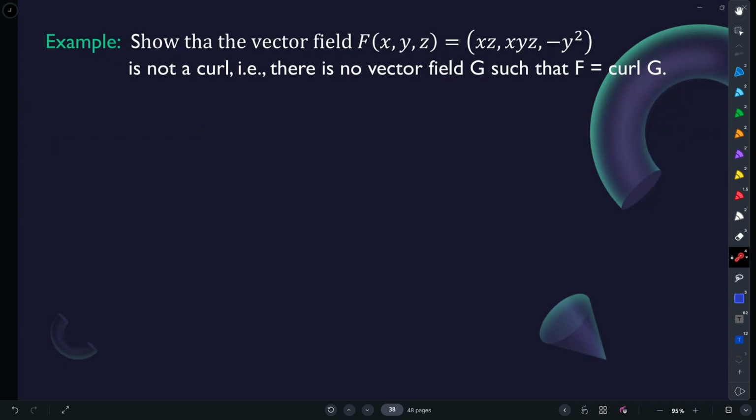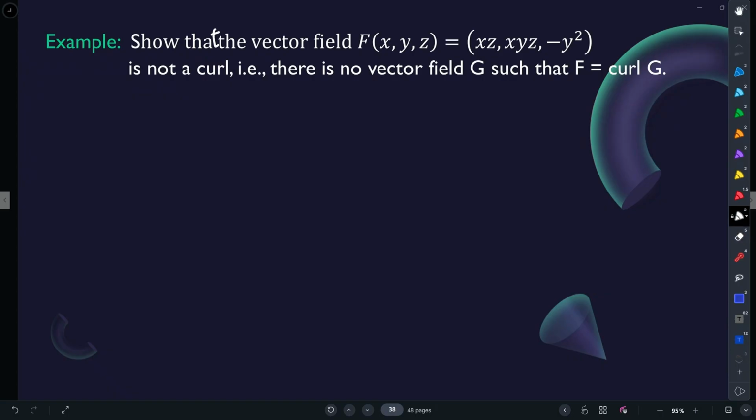So, you noticed before that I was missing a part over there: show that the vector field is not a curl. So I want to show that f cannot be a curl, and if it was a curl, if I take the divergence, it would vanish.